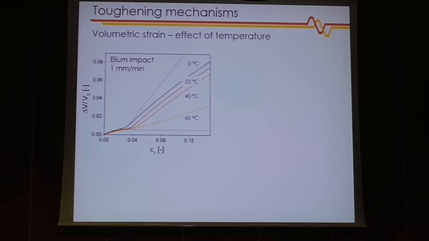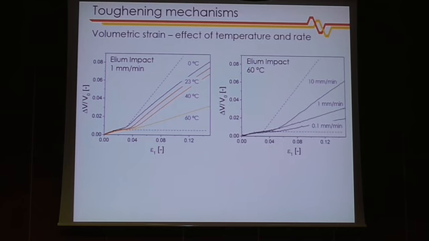So here we can see the results of the change in volume versus the linear strain at a given displacement rate and at different temperature. And in the second graph, we can see the results for a given temperature and at different displacement rates.